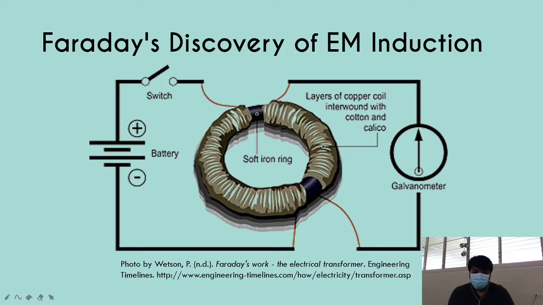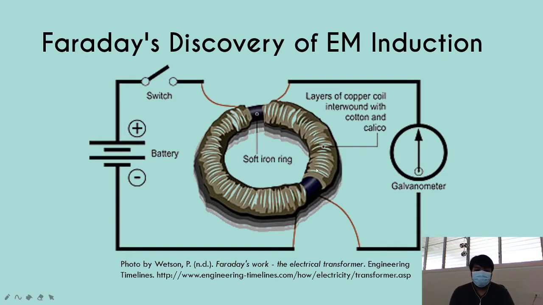He wanted to see if this coil of wire induces a magnetic field on the iron ring. Well, he discovered that it did induce a magnetic field on the iron ring.